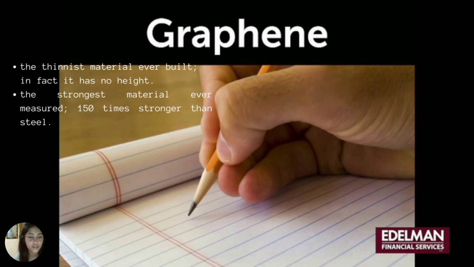To know what graphene is, we have our pencil. Our pencil is composed of lead, and that lead is composed of graphene. When we scratch that, when we take a layer of that onto a sheet of paper, that is the thinnest. That is graphene.